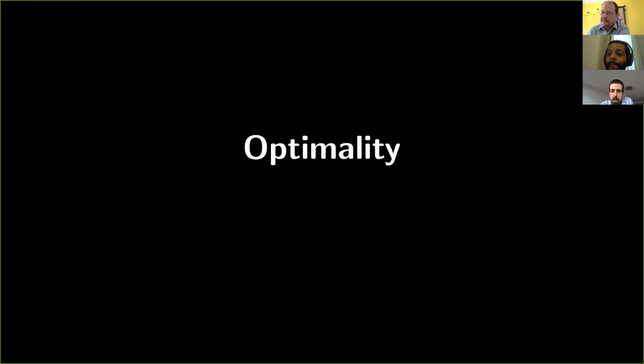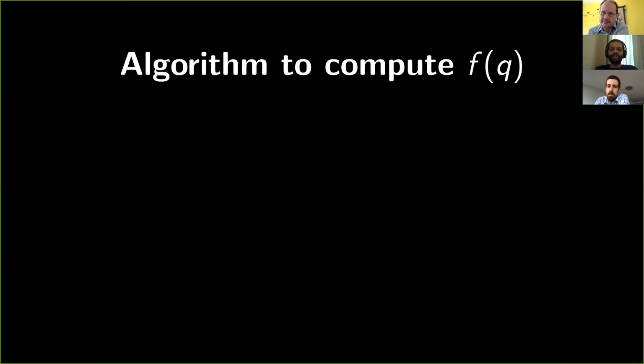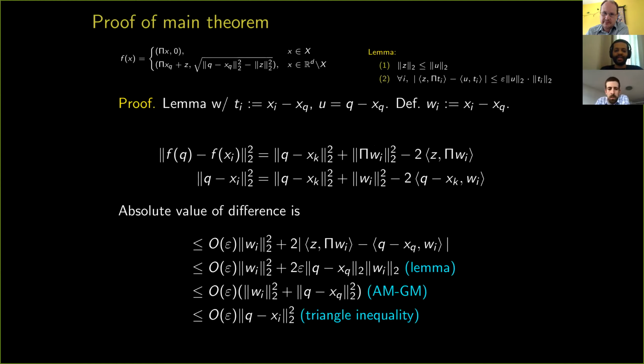Quick stupid question, if I can. Does anything break in the proof if I use a faster approximate nearest neighbor point instead of the true nearest neighbor? I would assume not, but. You'd have to be careful. The place where that really shows up is the very last inequality here. You see where I say triangle inequality?